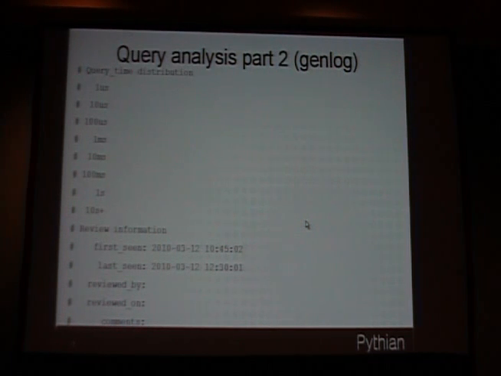So here's part 2 of the query analysis. Note the query time distribution. There is none for the general log. So this is just kind of page 2 of that per query thing. We have review information. Here's where it was first seen. Here's where it was last seen. If we had seen this previously in the database, it would have gotten that time to show that it was previously seen.